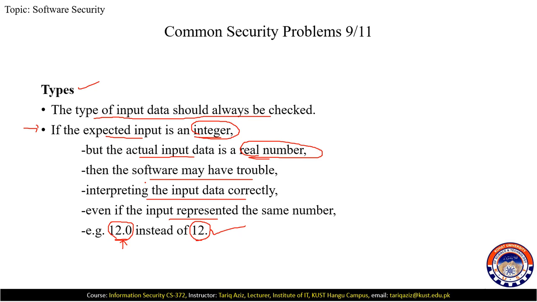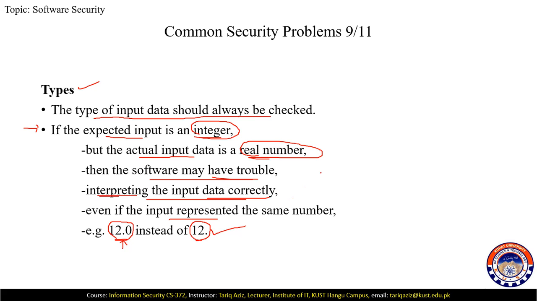If there is no type mismatch error generated by the software, then the problem is that the interpretation of the input data will not be correct, or the software may have some troubles.